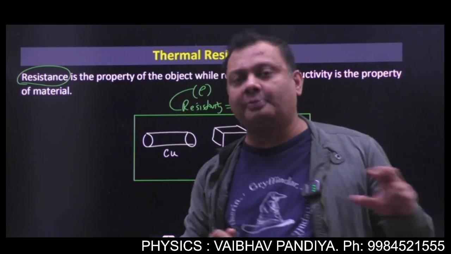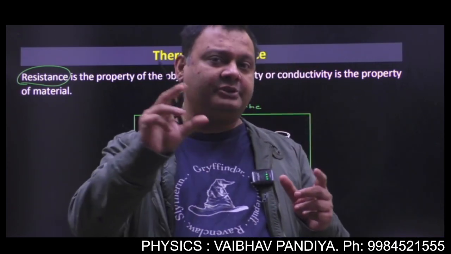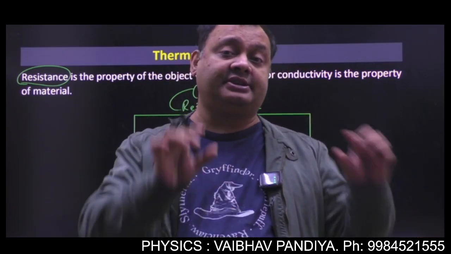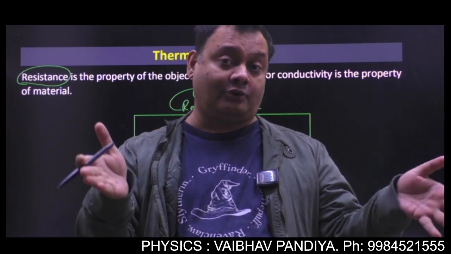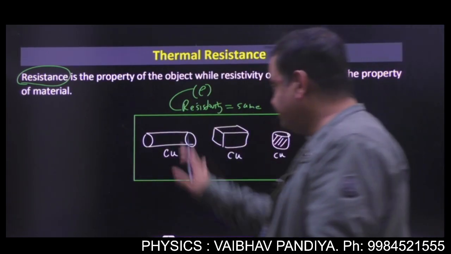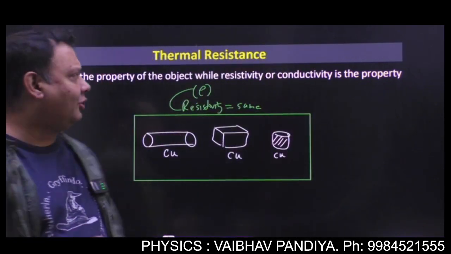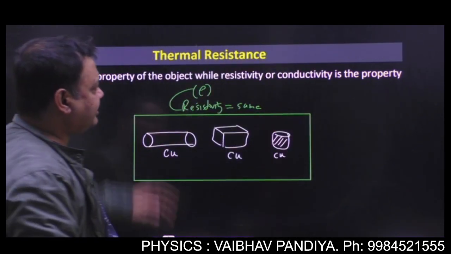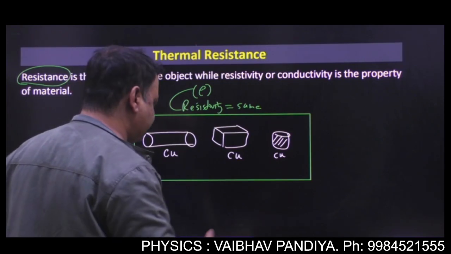So whenever you talk about resistance, we talk for a particular object like this piece of copper, this rod of copper. But when we talk about resistivity or conductivity, we talk for the material, like the resistivity of copper, the resistivity of aluminium. Got it? So I guess this is clear that resistance is the property of the object and resistivity or conductivity is the property of the material.